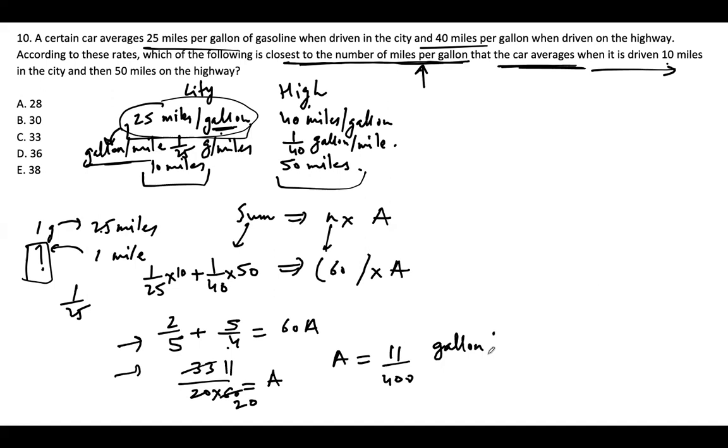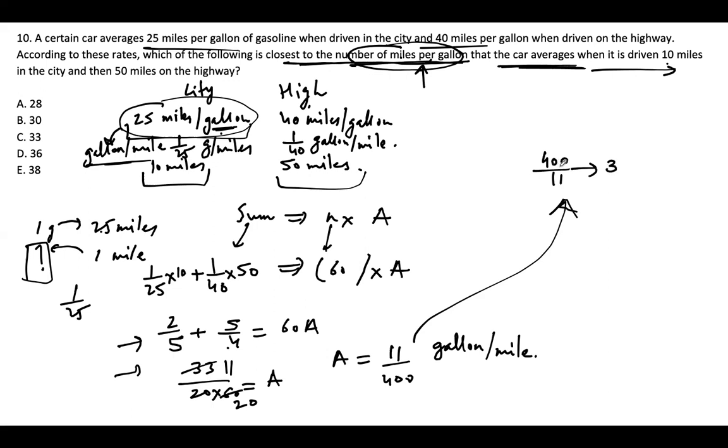Gallons per mile. And what is the question asking? Miles per gallon. So what to do with this information? Reverse. Gallon per mile we have found, and the question is asking the number of miles per gallon, the inverse of this value. Reverse it: 400 by 11.